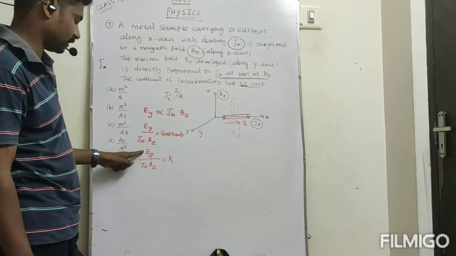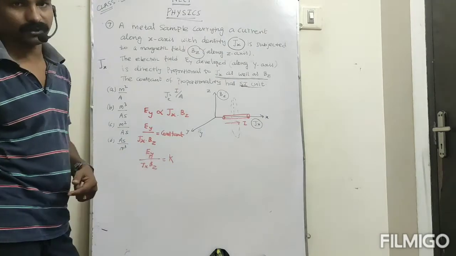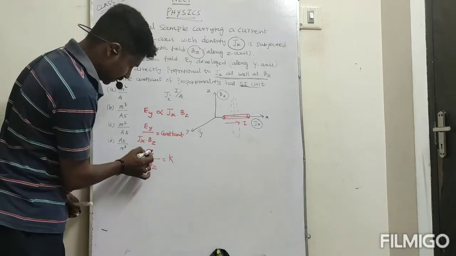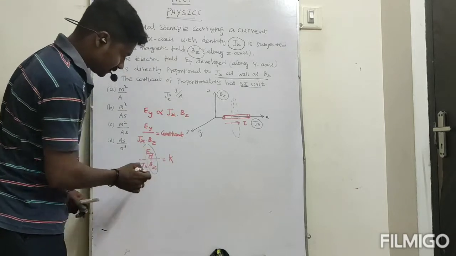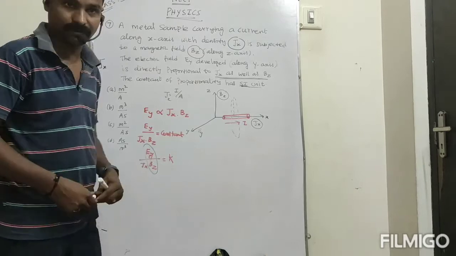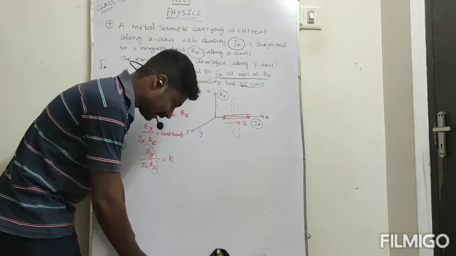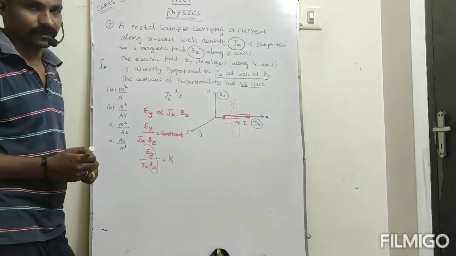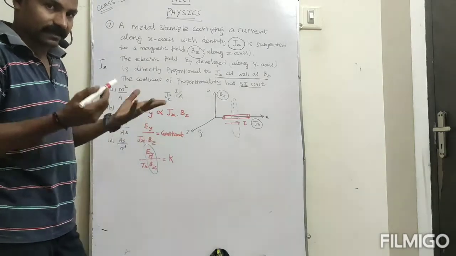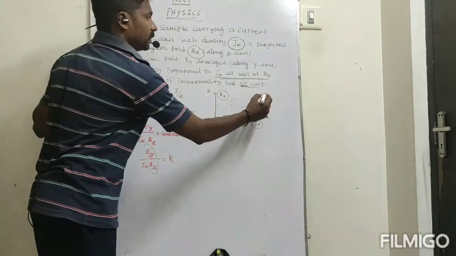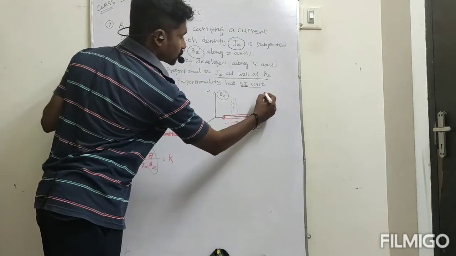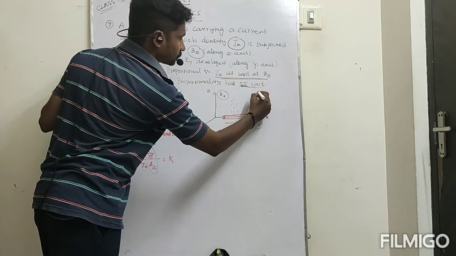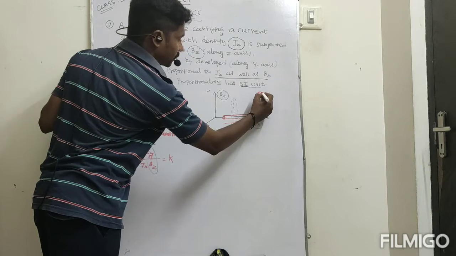So we are going to find the unit from E, J and B. Please listen, I want to explain in an easy way. First, simplify E divided by B. E is the electric field, B is the magnetic field. Let's take the electric force and magnetic force relation.